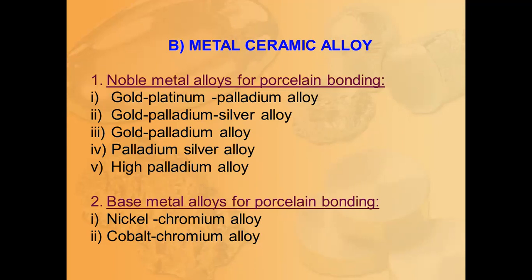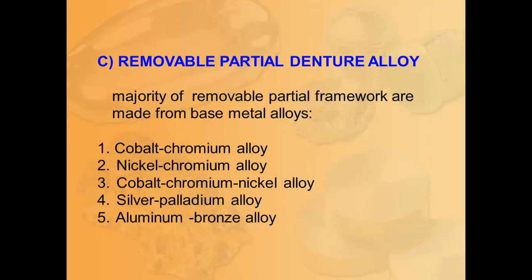Base metal alloy for porcelain bonding: nickel chrome and cobalt chrome alloy. Third, removable partial denture alloy, which contains cobalt chromium alloy, nickel chromium alloy, cobalt chromium nickel alloy, silver palladium alloy, and aluminum bronze alloy.